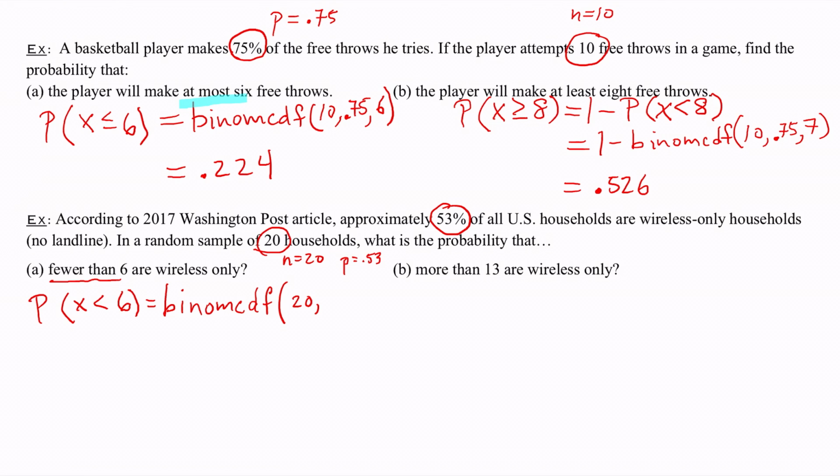And in this case, x is less than 6, so actually we'll start with 5 and below. So put 0.53 and 5, right? Because the inequality here is strictly less than 6. So that means that here we're really saying that x is less than or equal to 5. So that's why here we're using a 5 there. And then when we compute that, we get something around 0.105.